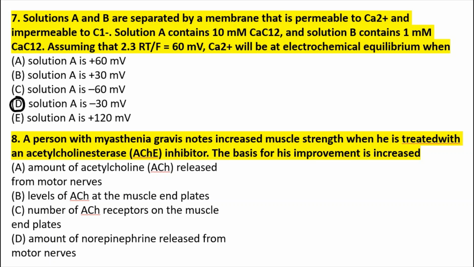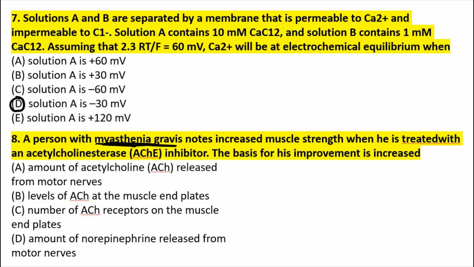8. A person with myasthenia gravis, this is a very common condition in physiology, you need to study about this, notes increased muscle strength when he is treated with an acetylcholinesterase inhibitor. The basis for this improvement is increased A, amount of acetylcholine released from motor nerves.